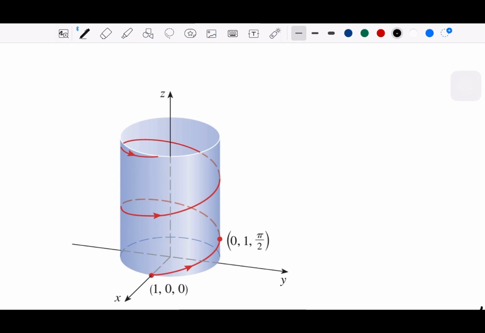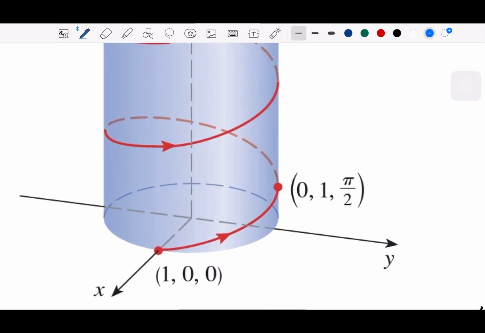If you plug in t equals 0, that is the position. So we set up r of 0 like that, and then for this part here, t equals pi over 2.